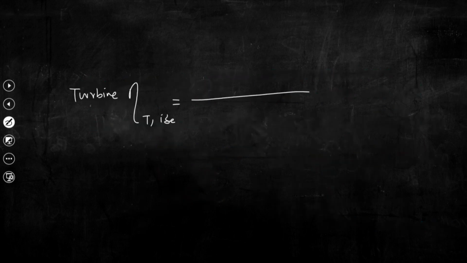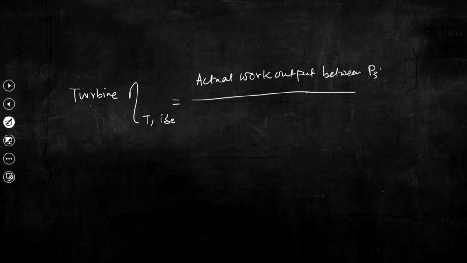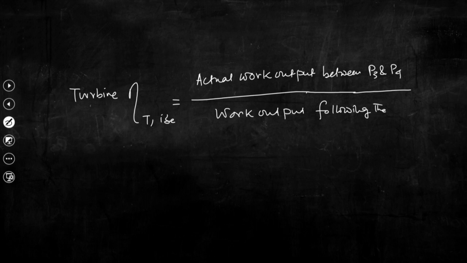So we can write: the actual work output between P3 and P4 to the work output following the isentropic expansion between P3 and P4.